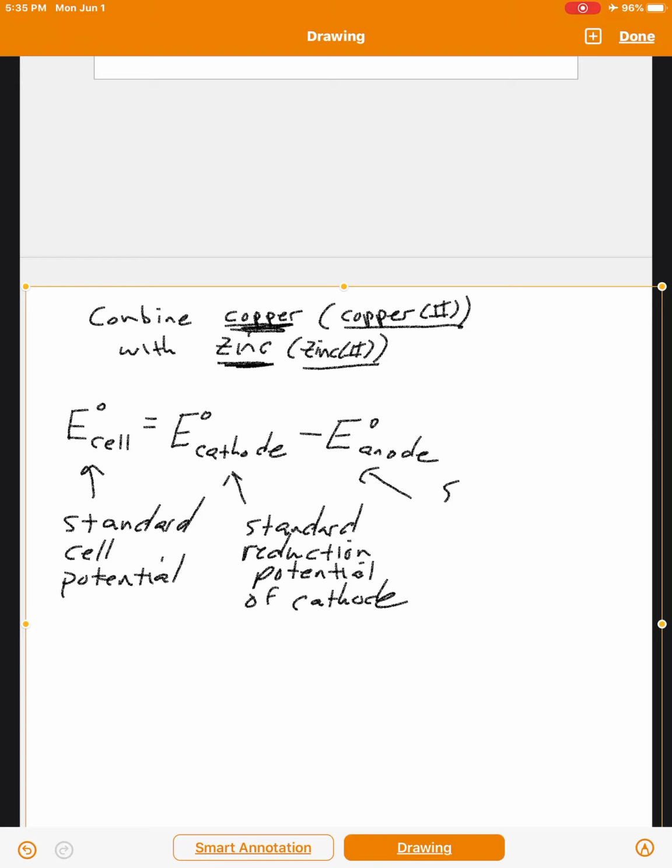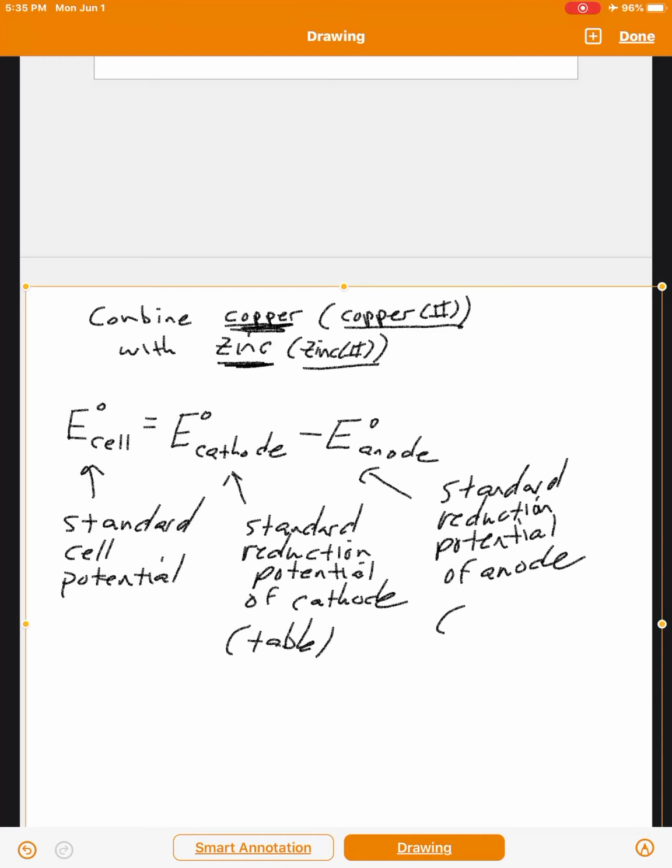This is the standard reduction potential of the anode. This comes from the table. This comes from the table. This is calculated. Okay, does that make sense?